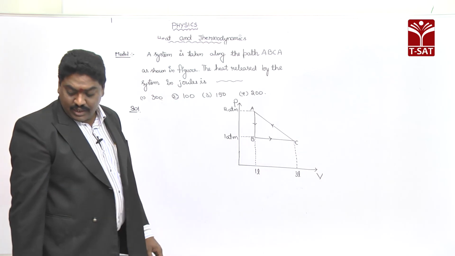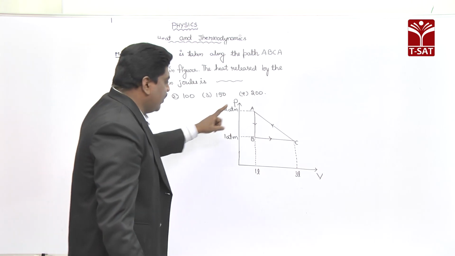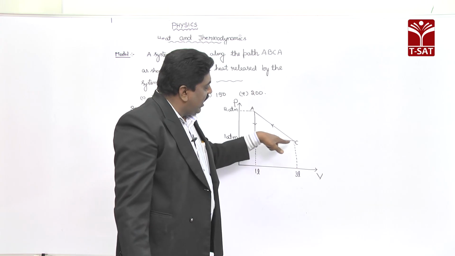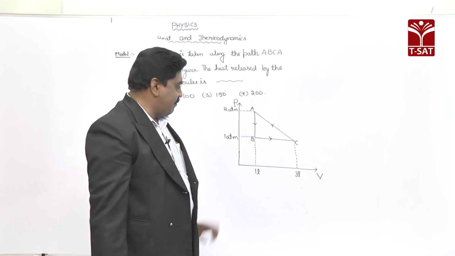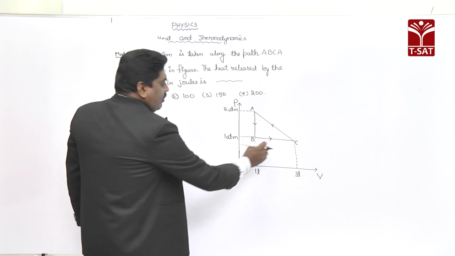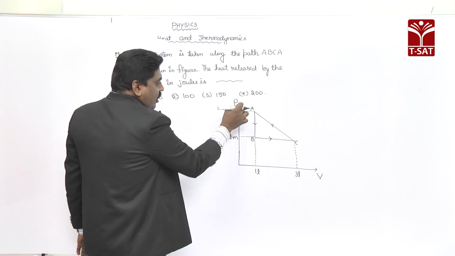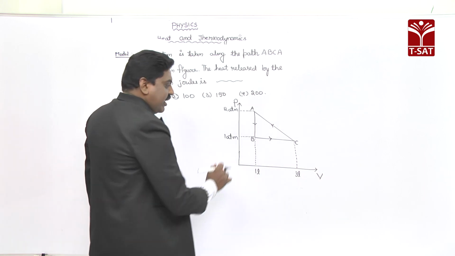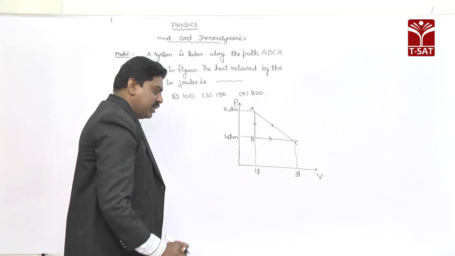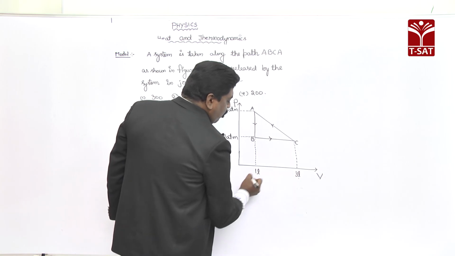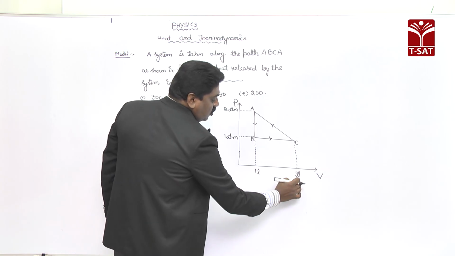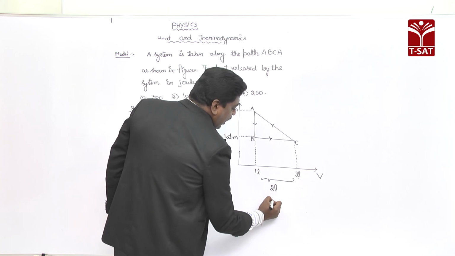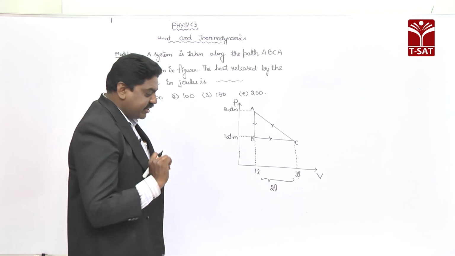Okay. In the cyclic process, okay, the work done is given as the area under the graph. Okay, fine. In this case, we are given pressure on y-axis and volume on x-axis. It is an indicator diagram actually. Okay, the change in volume is 1 liter to 3 liters. It indicates 2 liters, and 1 liter equal to 10 to the power of minus 3 cubic meters.